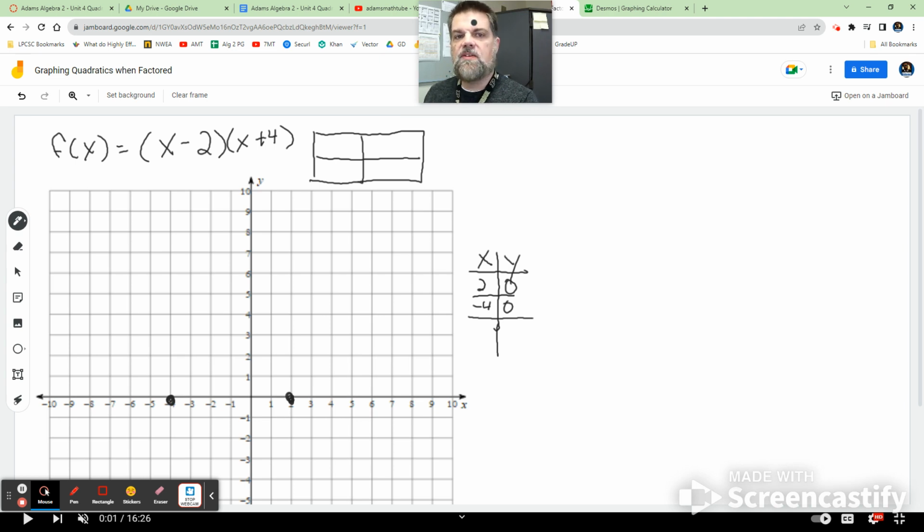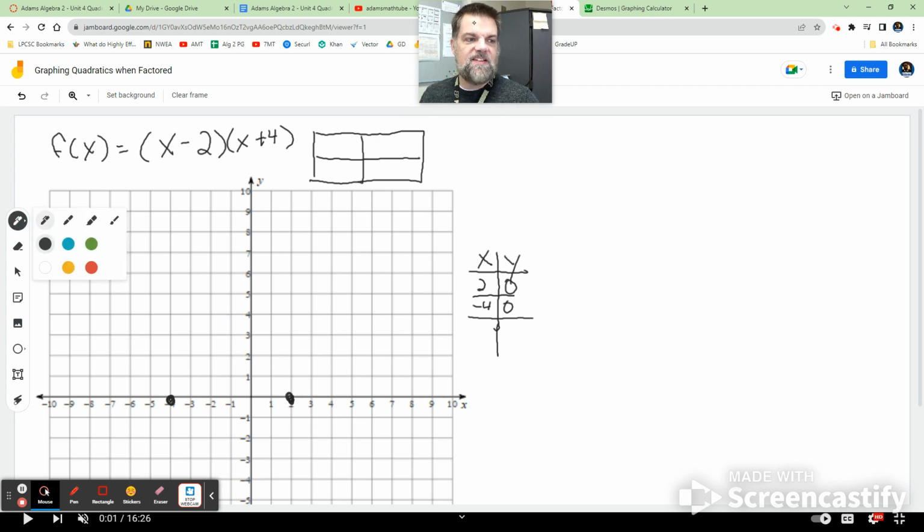Now when I plot those 2 points, I'm guessing that the vertex is in the middle, right? There's a line of symmetry in the middle of this thing. So let's figure out what that is in the middle. So if I count from here to here, I go 1, 2, 3, 4, 5, 6. So it's right here at negative 1, right?